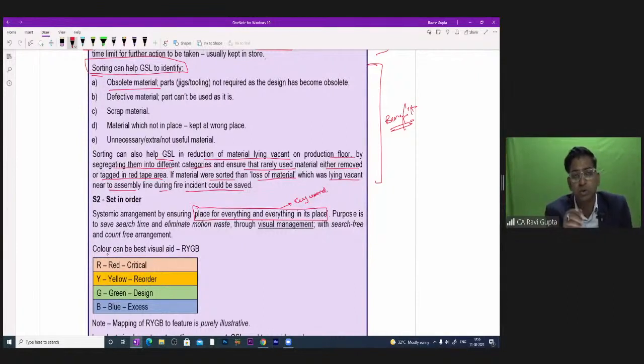These are the two places where you will get water. There is a place to hold your keys. There is a separate place, a key holder, where you place your keys, right? Okay, so that is what is called set in order.